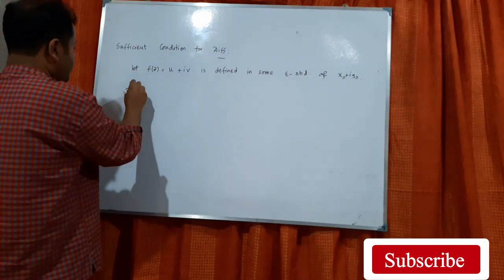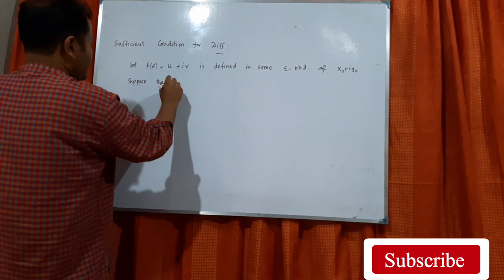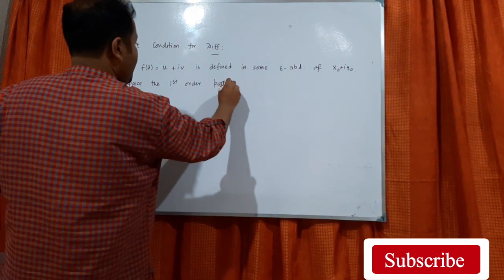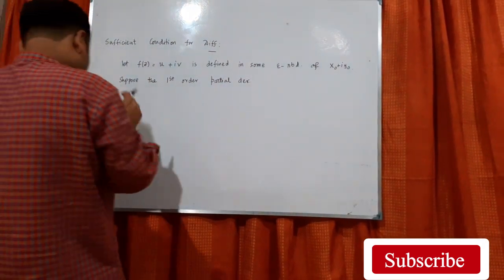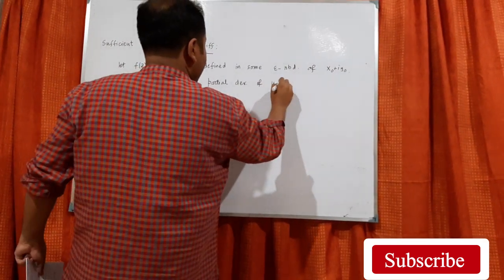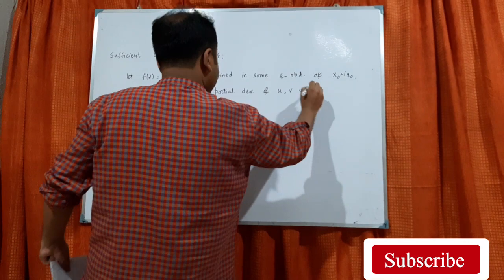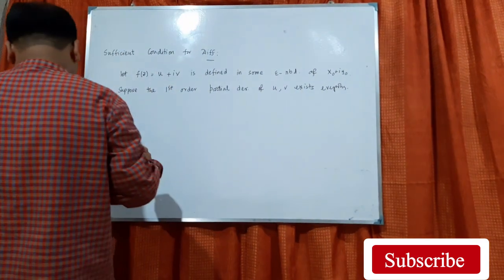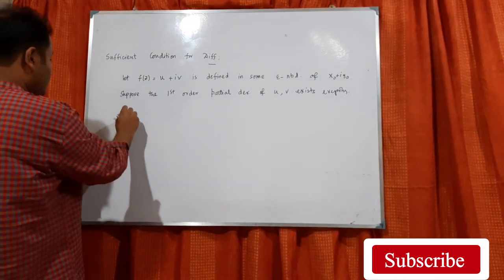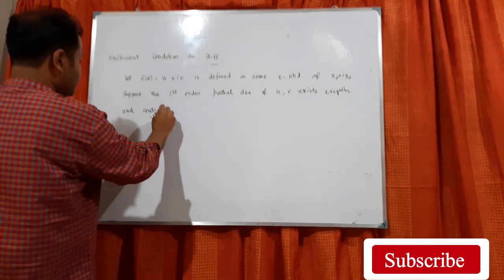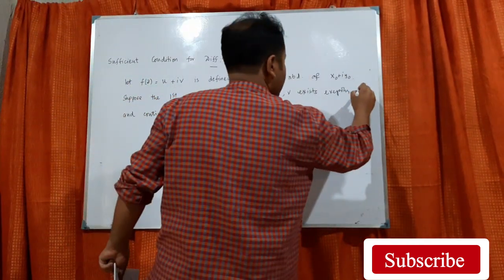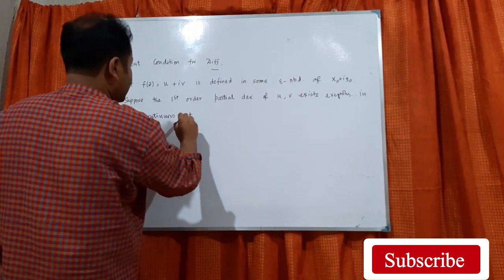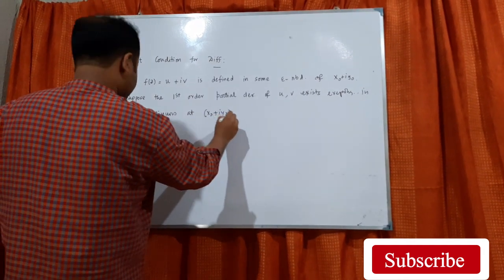Suppose the first order partial derivatives of u and v exist everywhere and are continuous everywhere in the epsilon neighborhood and continuous at x naught plus i y naught.